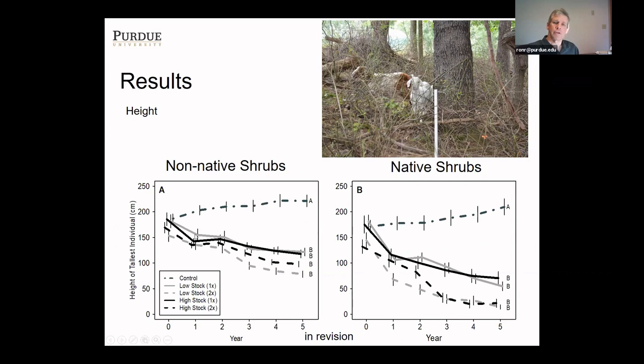Looking at reductions in height, we see the same gradual incremental reduction in height of the non-native shrubs, which were then significantly lower in height than the control treatment. And we can see the same thing with the native shrubs.